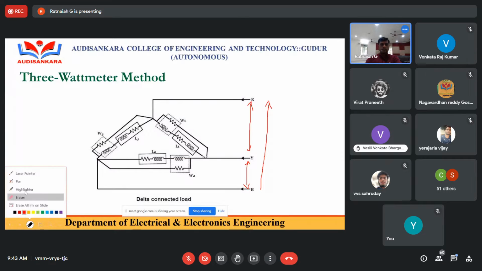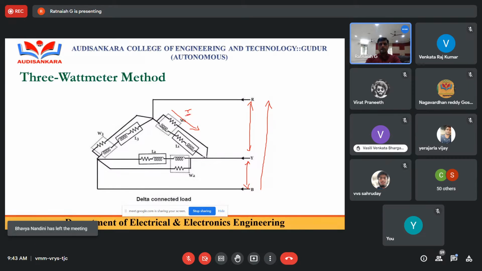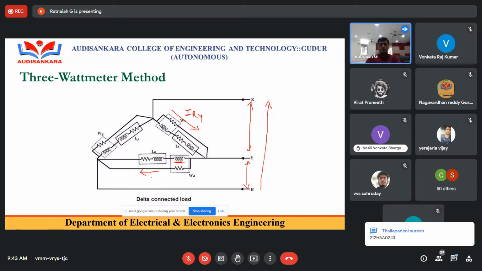The current through the first wattmeter: the branch is connected between R and Y, so I take this as IRY. The next wattmeter is connected between Y and B, and the current direction is in this direction because the current coil is connected over here, so I take the next phase current as IYB.